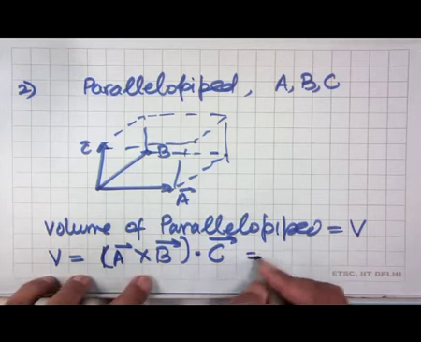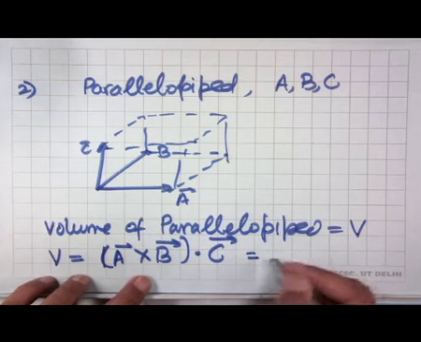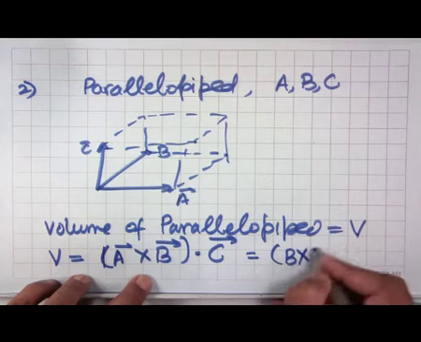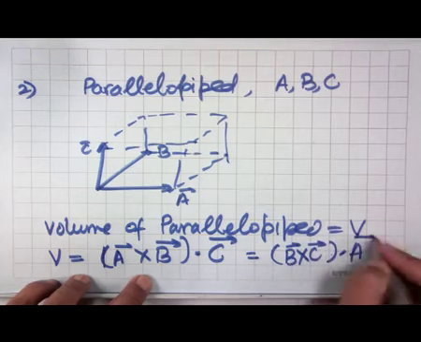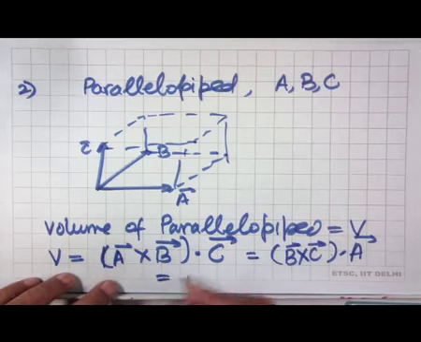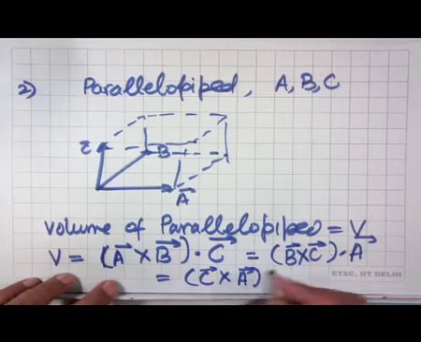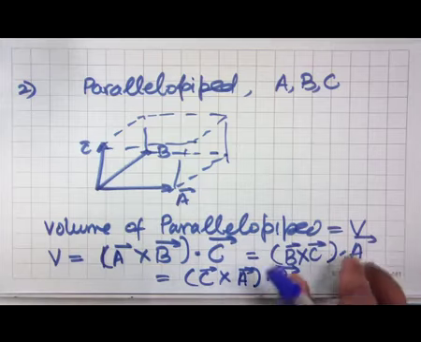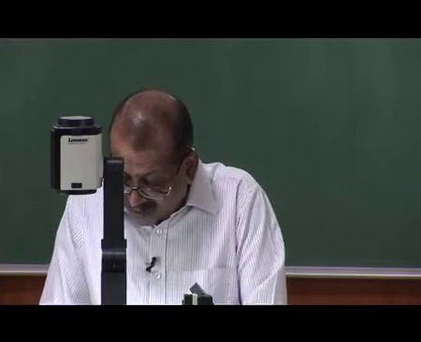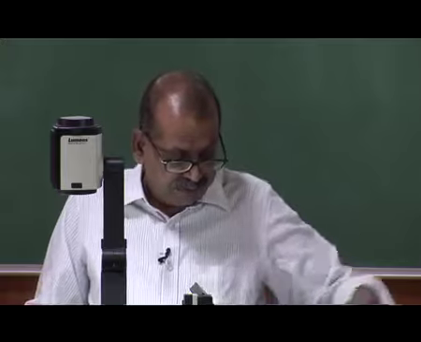So, this is also equal to B cross C dotted with A, and this will be equal to C cross A dotted with B. So, we can use the dot product and cross product to find the volume of a parallelepiped.